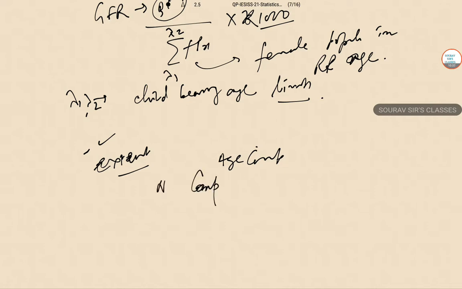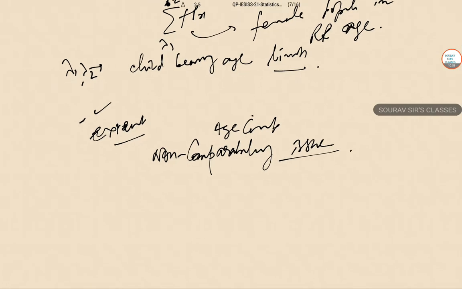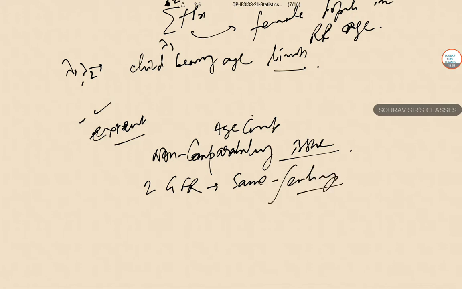So this non-comparability issue is a big issue. Also, two populations with altogether different GFR may have the same fertility. So two GFRs yet the same fertility. So we just can't say particular things, or we can't be so sure about the answers. So this is very important. Okay.